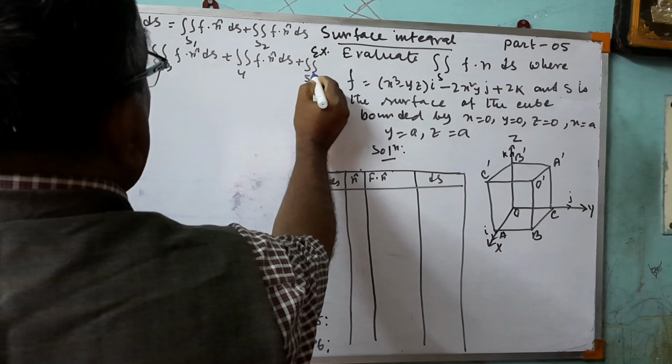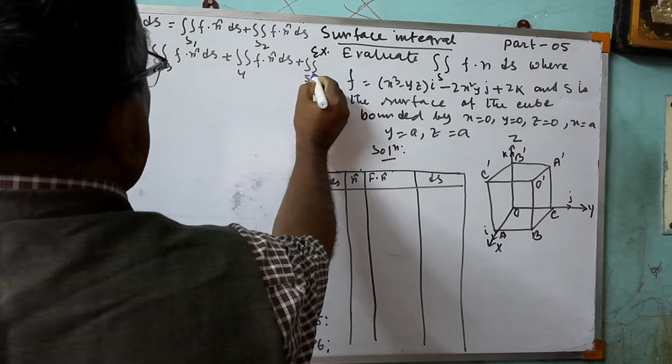When x equal to a, the n vector will be i. For S3, that is y equal to 0, it is minus j vector, and when y equal to a, it is j vector. For z equal to 0 it is minus k vector, and for z equal to a it is k vector. So this is the rule: minus i plus i, minus j plus j, minus k plus k.